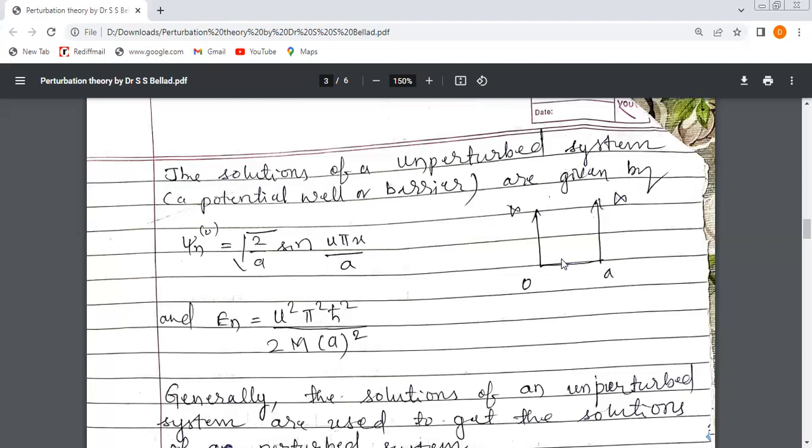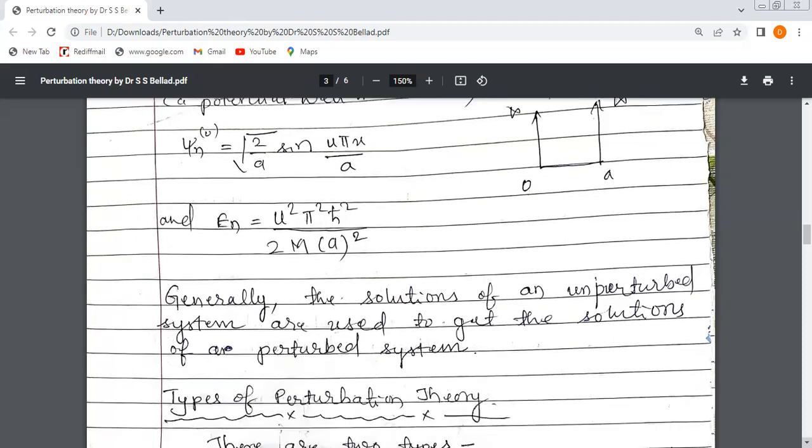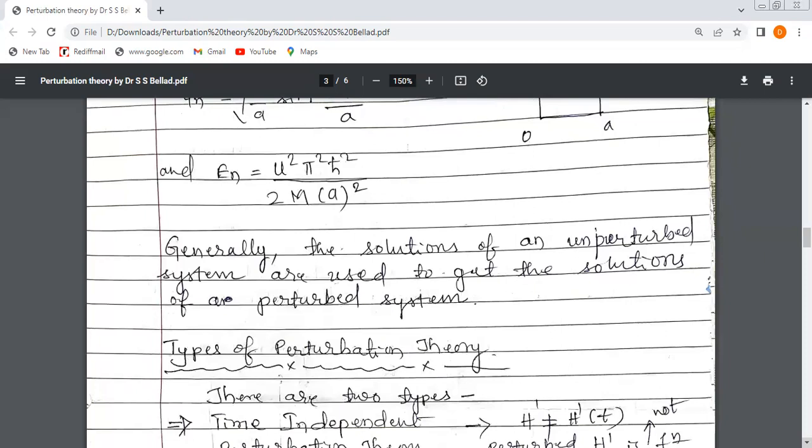So that is why we have to do it in some other way. Generally, the solutions of an unperturbed system are used to get the solutions of a perturbed system.